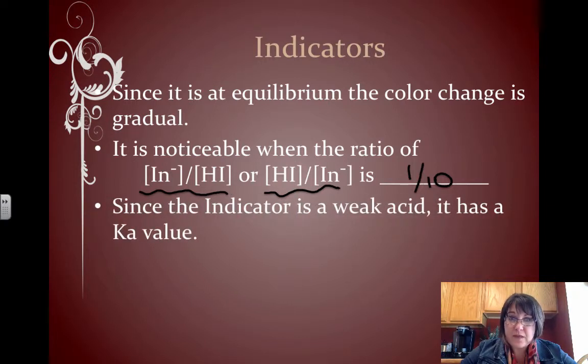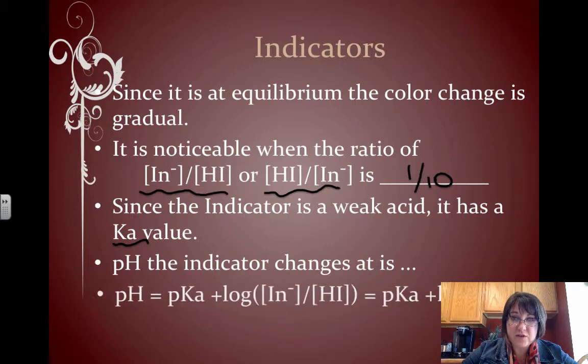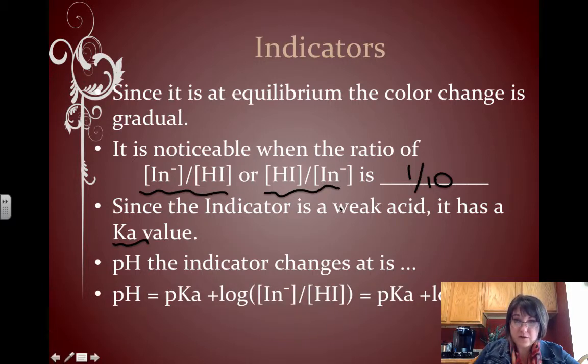So the indicator, being an acid, will have a Ka value. We use that Ka value to help us predict where the pH color change will be. So the pH at the indicator change is going to follow the Henderson-Hasselbalch equation.